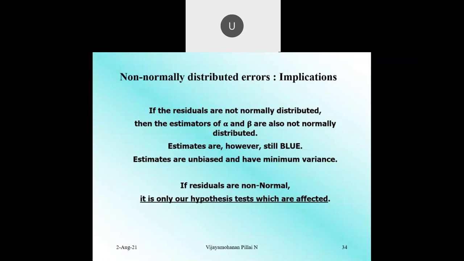Now, what are the causes for non-normally distributed errors? This is generally caused by a specification error, for example, by omitting an important variable. It can also result from outliers in data and having a wrong functional form. So it is essential that once we have obtained our data, we see whether there are any outliers in our data.